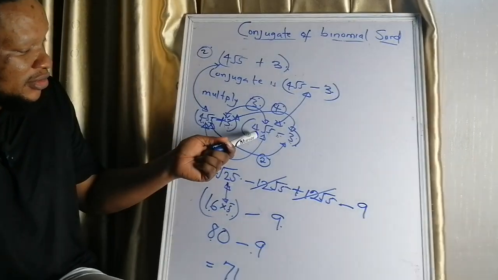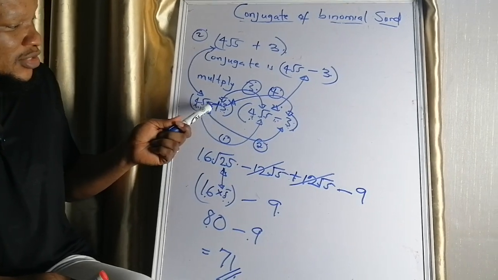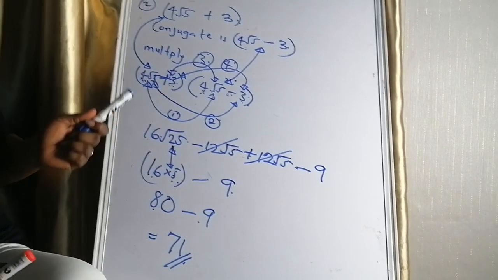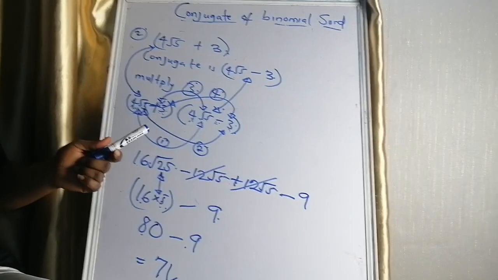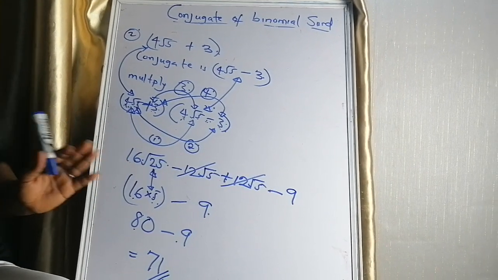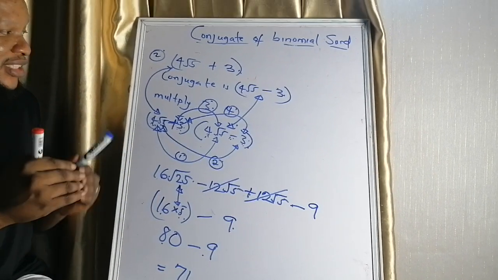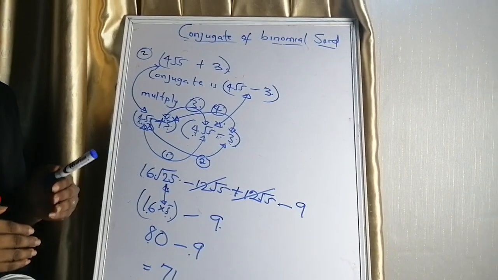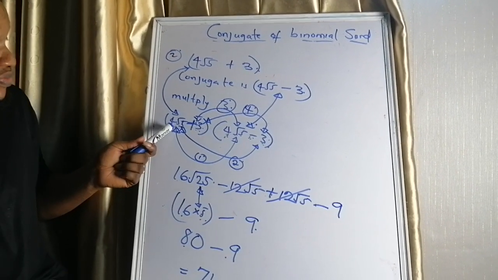When you're multiplying, you multiply outside with outside, and you multiply inside the surd with inside the surd. So if there's no inside surd in any of the figures you're multiplying, just multiply outside and outside. Just follow that. Outside with outside, that is before the surd, then inside the surd. That's how you multiply. Which is what we've done here.